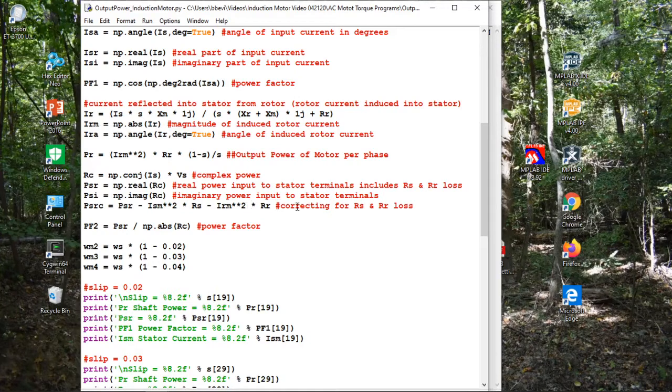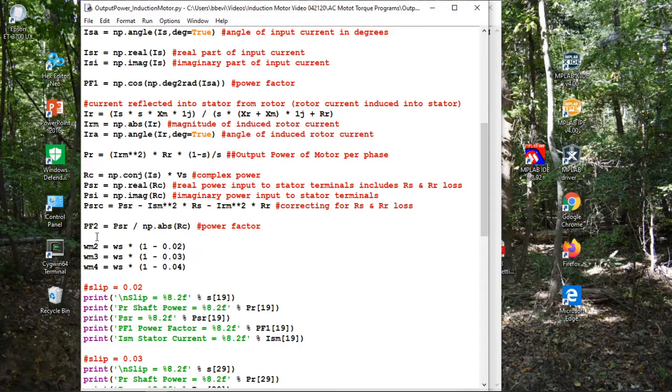Okay, and so that will give pretty much the same thing as this here. So here I'm directly calculating the output power to rotate the shaft, and here I'm indirectly doing it.